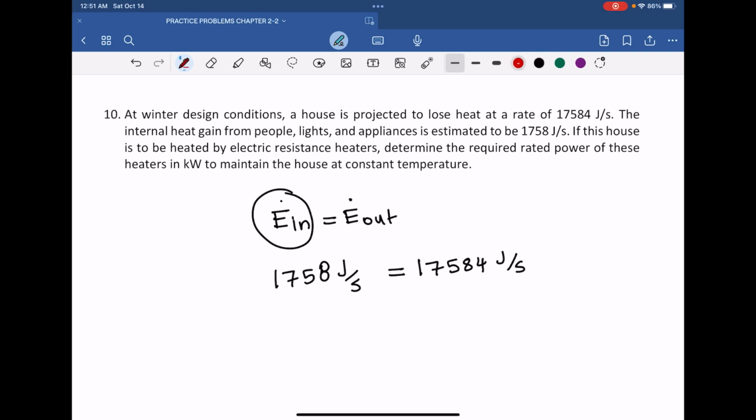That's why we also need to put in some resistance heaters. So if we look at the house, the energy is getting in at the rate of this, but getting out at a higher rate.